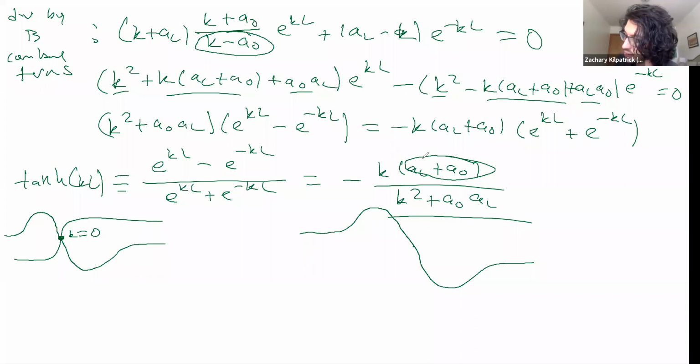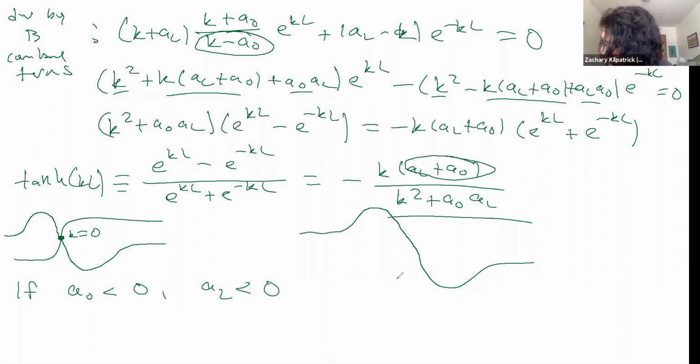And it turns out that if A0 is less than 0 and AL is less than 0, basically this function is going to flip, right?